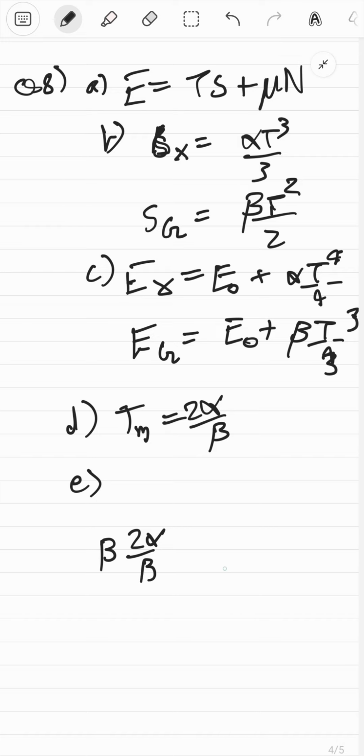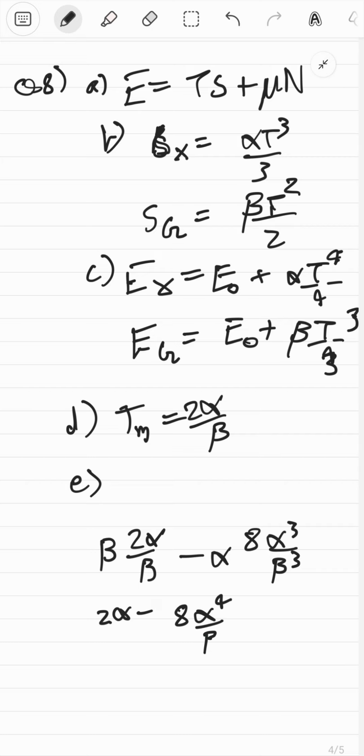Okay, that minus Cx, so just alpha times T cubed, so 8 alpha cubed upon beta cubed. Essentially that just becomes 2 alpha minus 8 alpha power 4 upon beta power 4, right? Which can be done as 2 alpha common, 1 minus 4 alpha power 3 upon beta power 3 something.